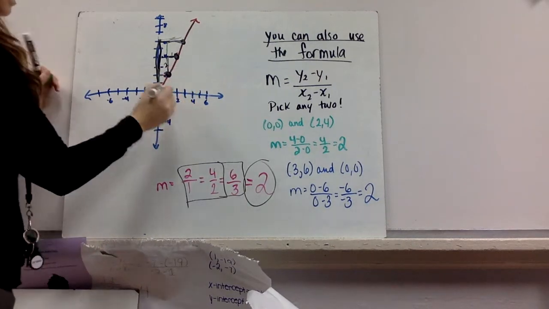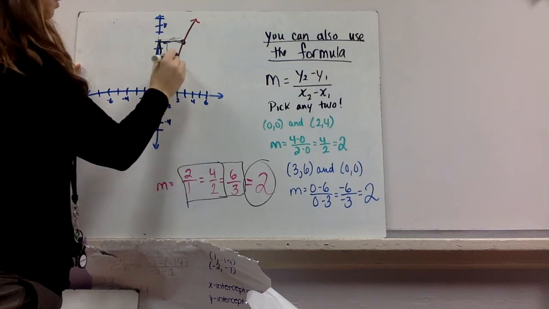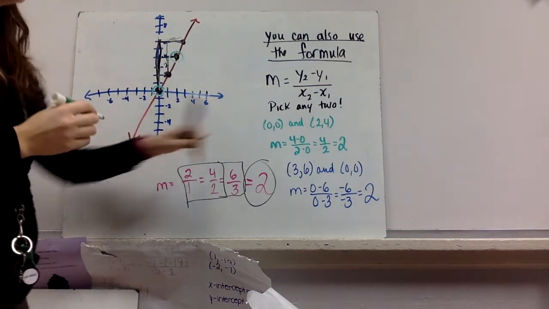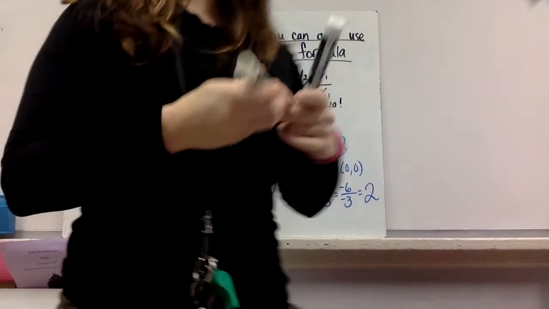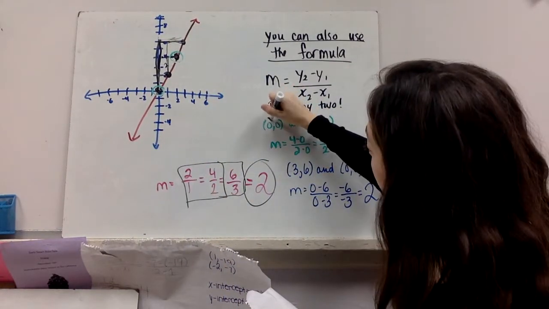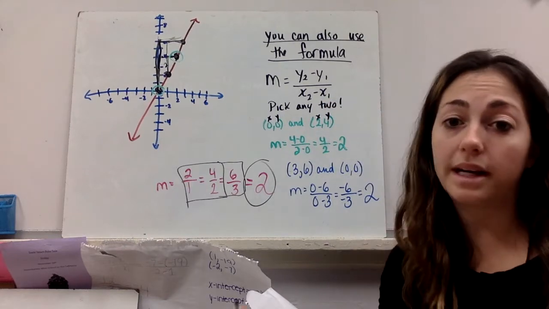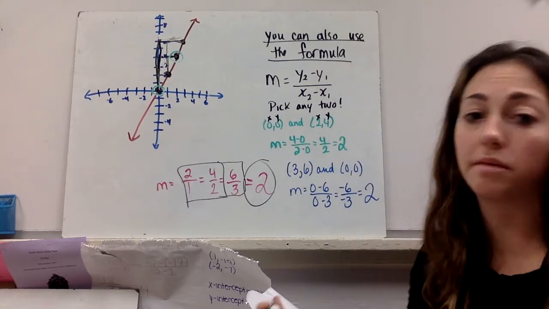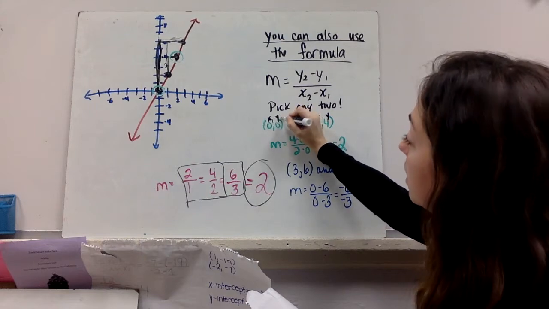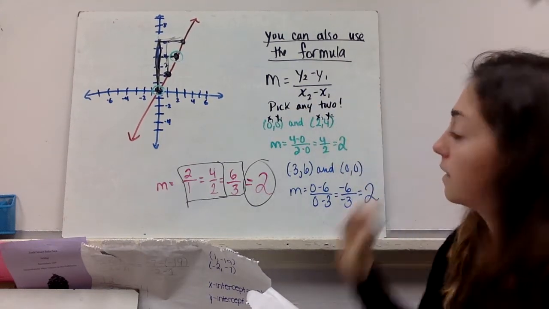Let's say I pick 0, 0 and 2, 4, and I'm using it in the formula. Well, I've got an x and a y, and another x and a y. So I need to pick one of them to be the 1s and one of them to be the 2s. I always make the first one the first x and y, and the second one the second x and y.